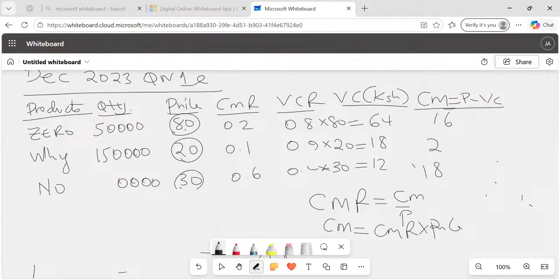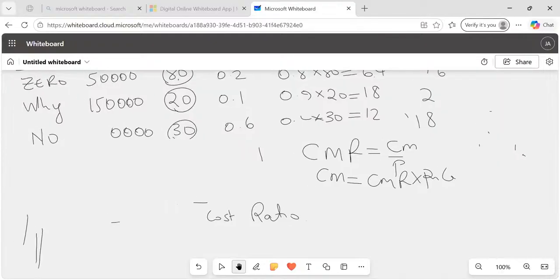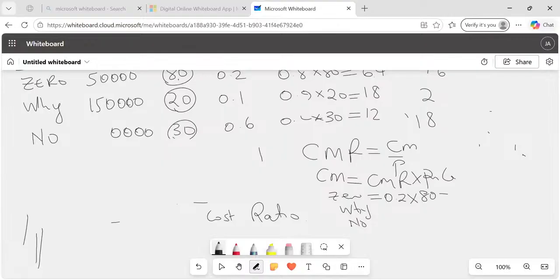Because, ladies and gentlemen, given our three products here, we have O, we have Y, and then we have No. So for O, I can see CMR is 0.2. If I simply took this 0.2 times the price of O, which is 80, I would have comfortably, without going through those many steps, gotten 16.